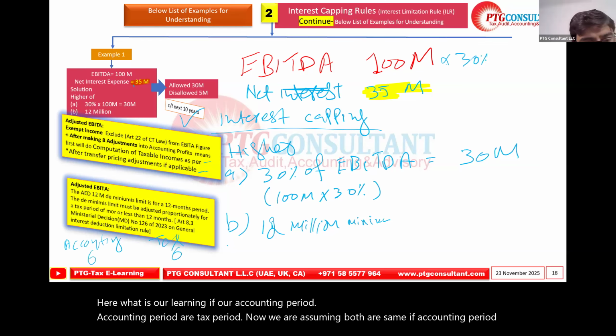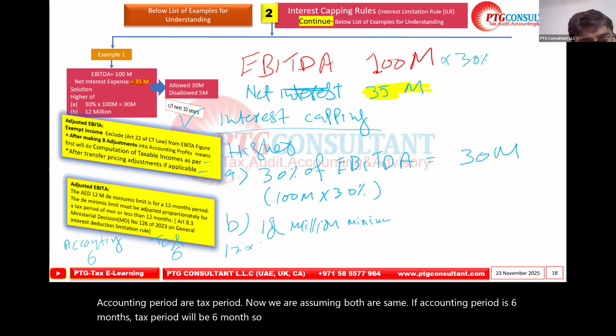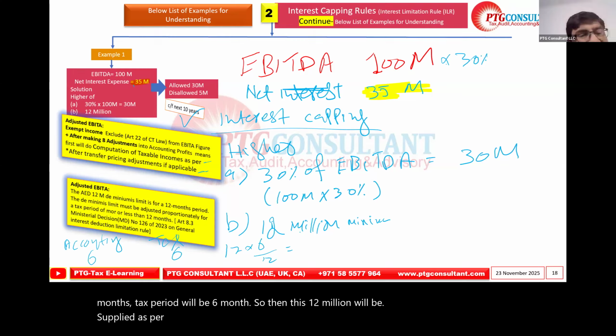Then this 12 million will be split as per the accounting period. The deduction limit must be adjusted proportionately for the tax period.